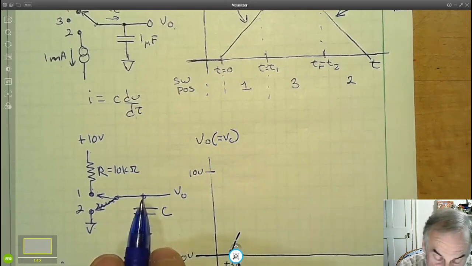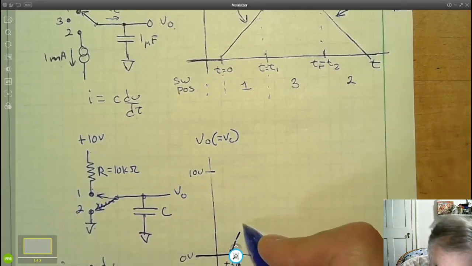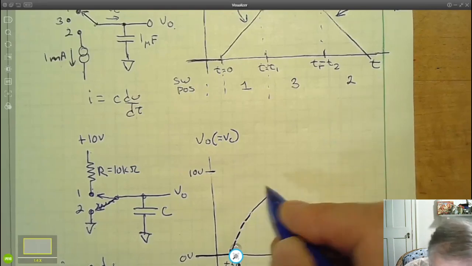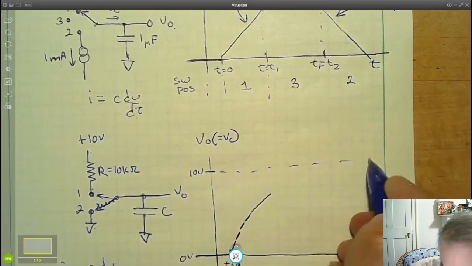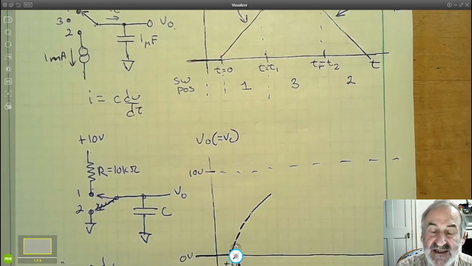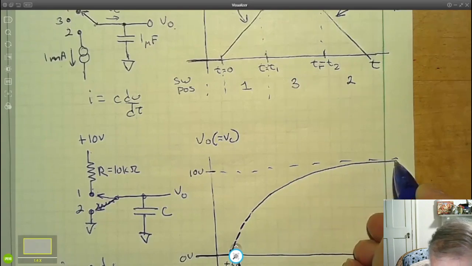Of course, the capacitor voltage keeps increasing, which means the resistor voltage keeps decreasing. And what happens is we have a continually decreasing current flowing into the capacitor, which means that the change in voltage of the capacitor is continuously decreasing, and it asymptotically approaches 10 volts.